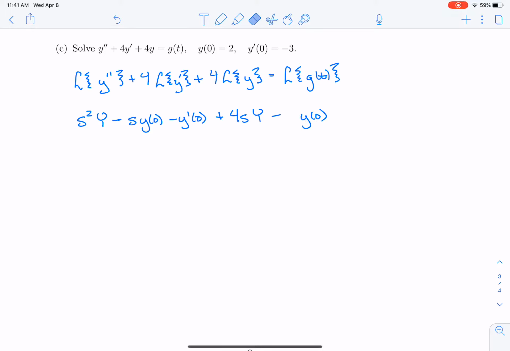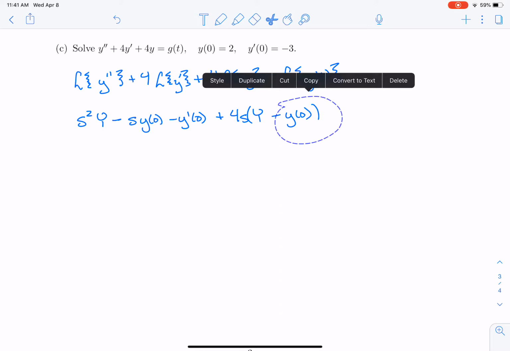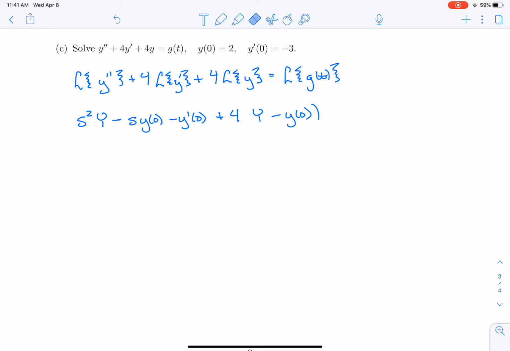I'm going to actually just write this in parentheses just so that we have it that way. So it's 4 times (sY minus y of 0). And then I'm going to do plus 4 times Y. And then the Laplace transform of g of t, I'm going to call capital G of s.